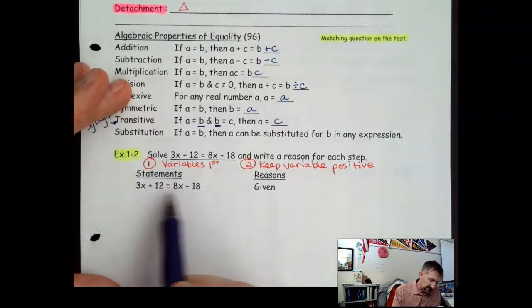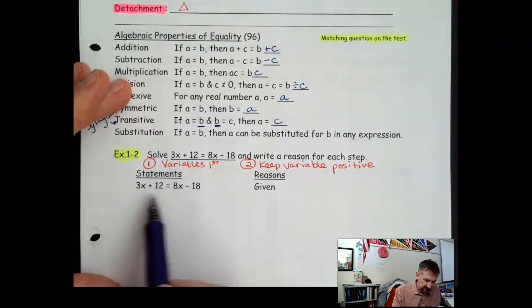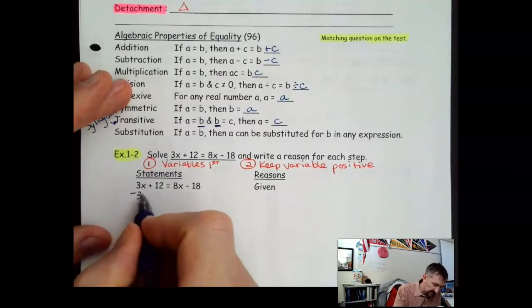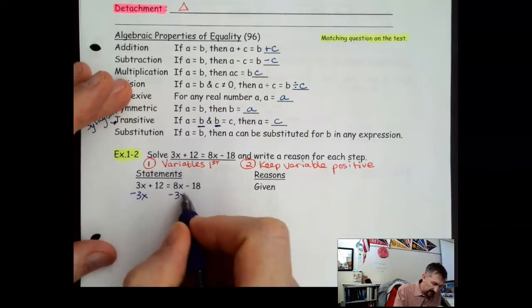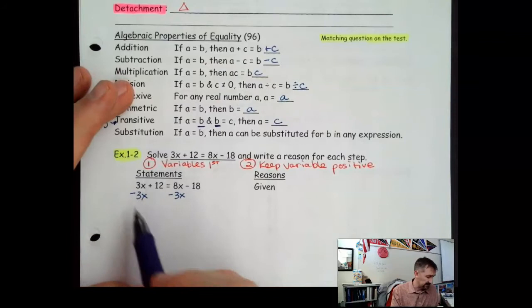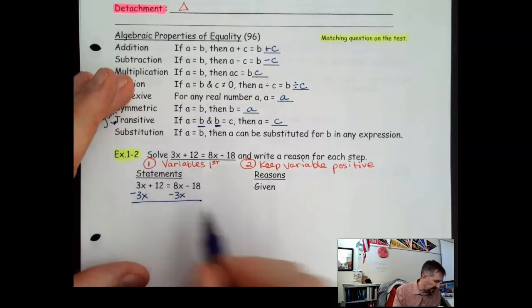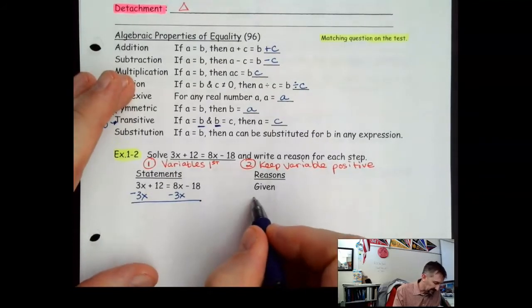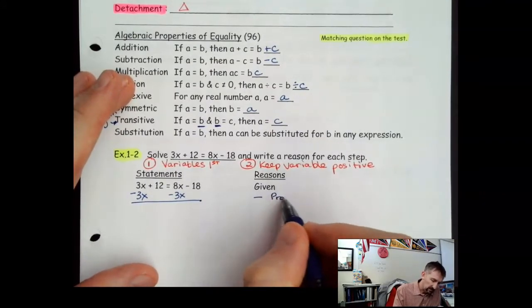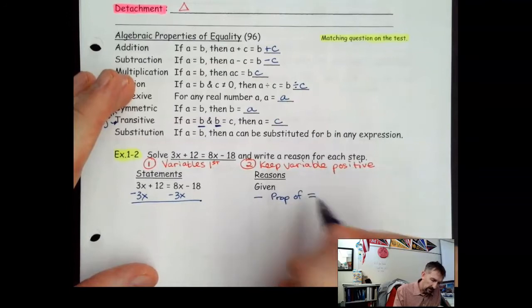So we're going to deal with the x's, and I'm going to subtract 3x from both sides because I want to keep the variable positive. If I subtract 8x from both sides, the variable will become negative. So we're subtracting 3x from both sides, so that's the subtraction property of equality.